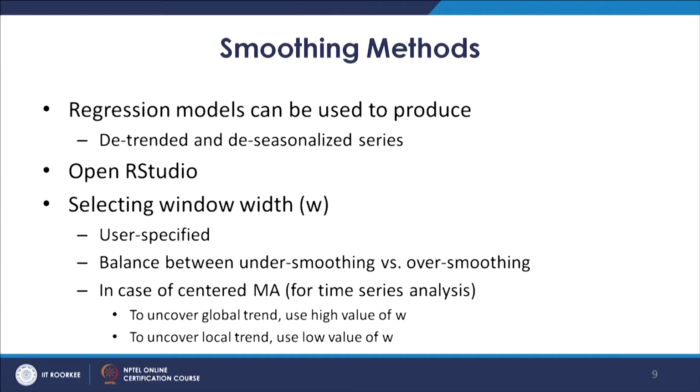We modeled both components in the regression based forecasting. Therefore, the residual series that we had was actually a de-trended and de-seasonalized series. Why not use that series and apply smoothing methods to improve the forecast on the level component, specifically the short term forecast? That is something that can be done.